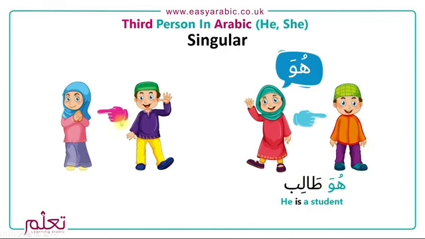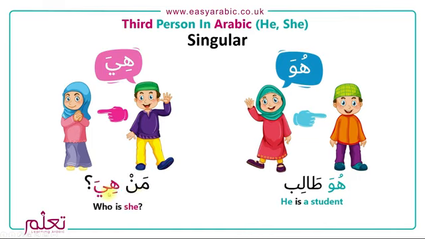Then we've got the female. If we ask the same question, we'll say man hiya, who is she? And the reply would be hiya taliba. So she is a student, a female. Here you can see there's a ta marbuta at the end.